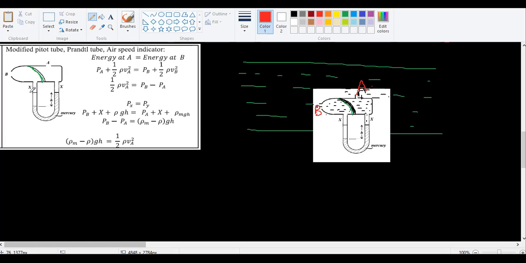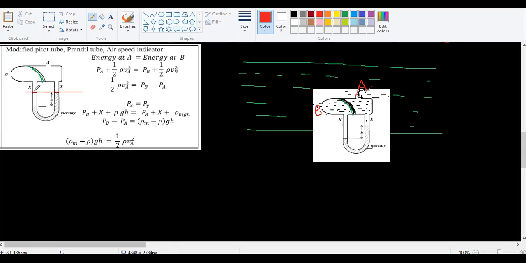Maybe I've used one more simple concept here, which is, if I draw a straight line here, you know that in any liquid surface, the pressure here should be equal to the pressure here. Did I make a mistake here? I think this must be Y. Oh, okay.